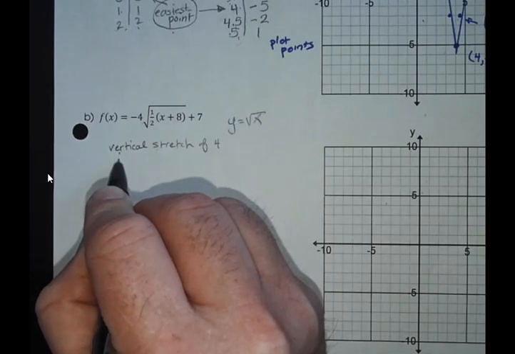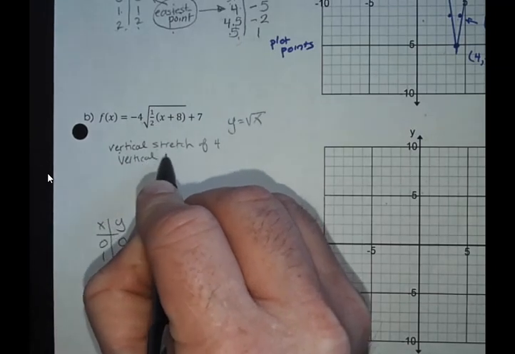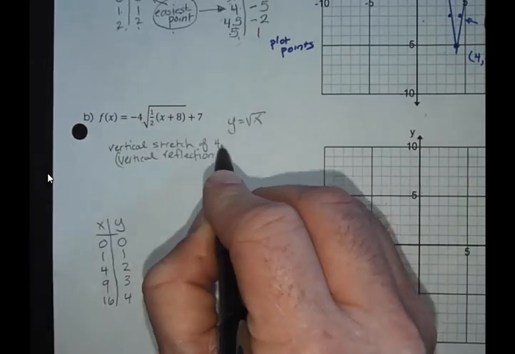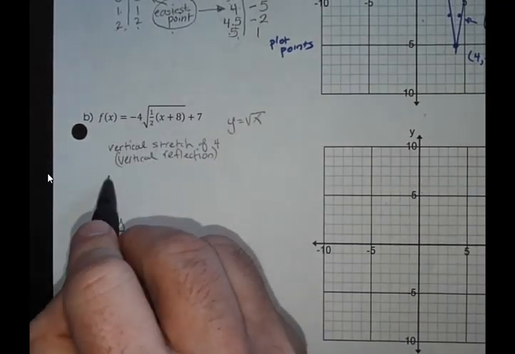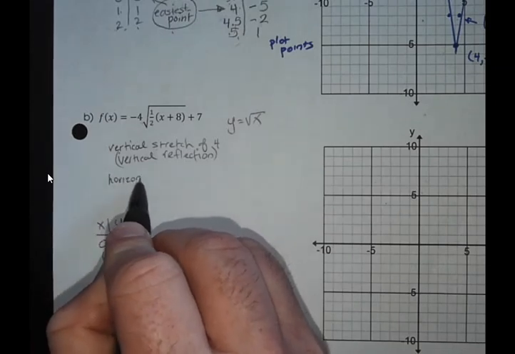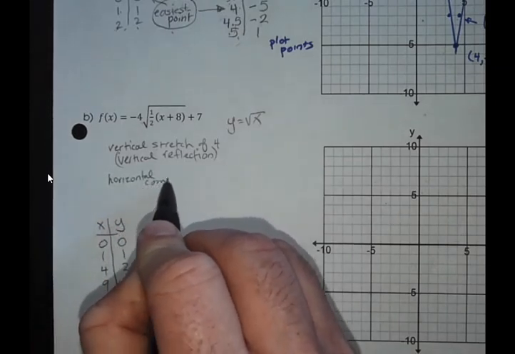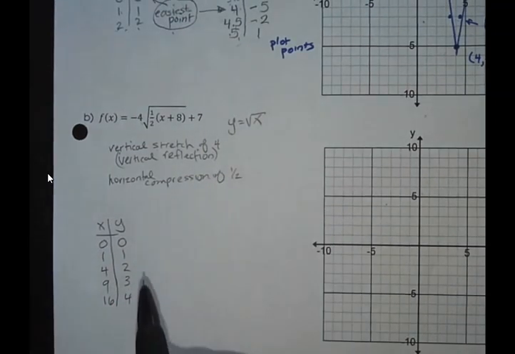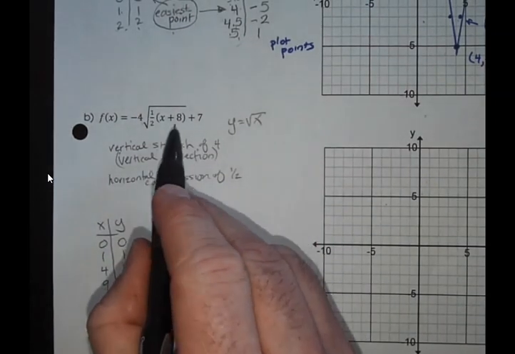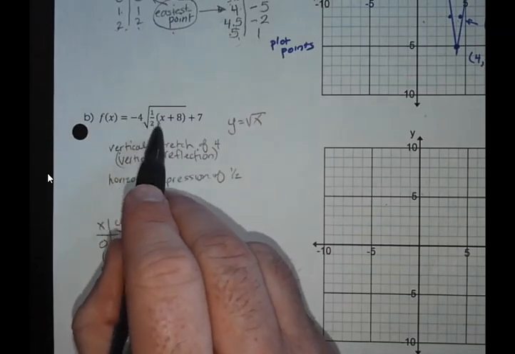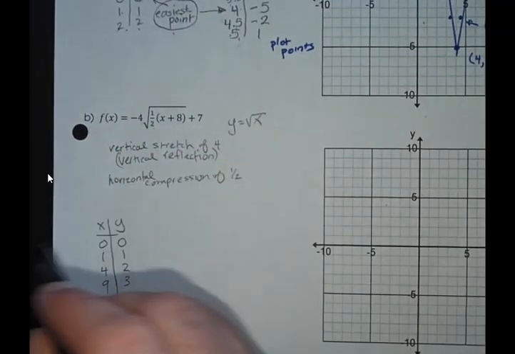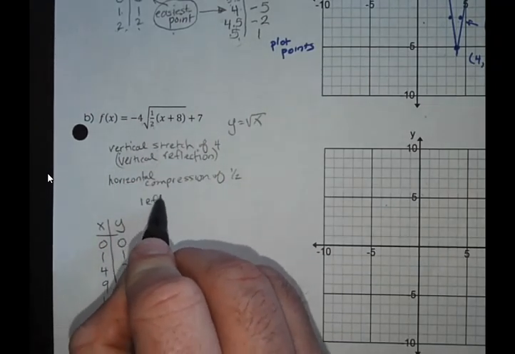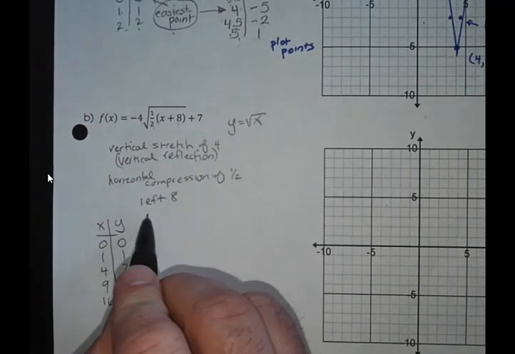And we have a reflection, because it's negative, so that's going to open down. We have a horizontal compression of 1/2, and we're going to come back to that in a second. And since the k is already factored out, we don't have to worry about factoring out k. It's bound up by brackets, so we're going to go left 8 and then up 7.